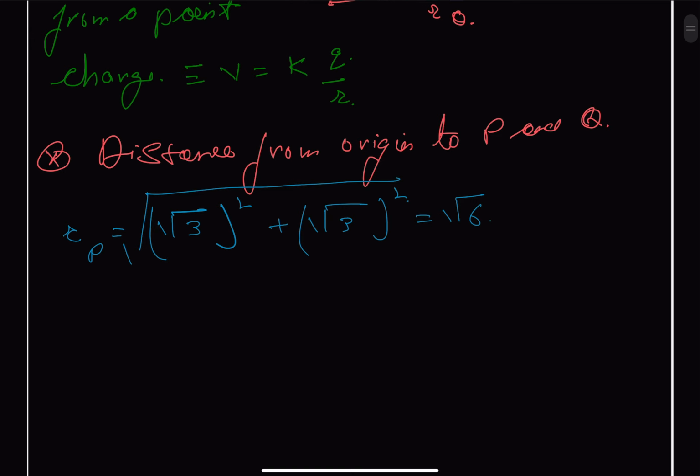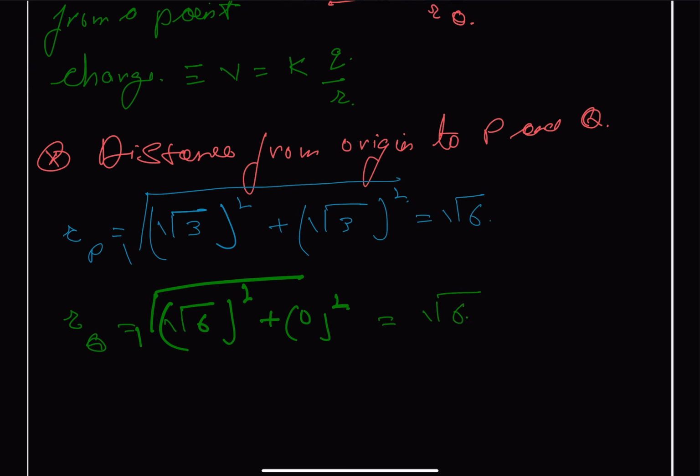Similarly, we can find our Rq, which will be equal to square root of (√6)² plus 0², which will also be square root of 6. So from here we can say that our Rp is equal to our Rq, and let us suppose they are equal to R because they are root 6.